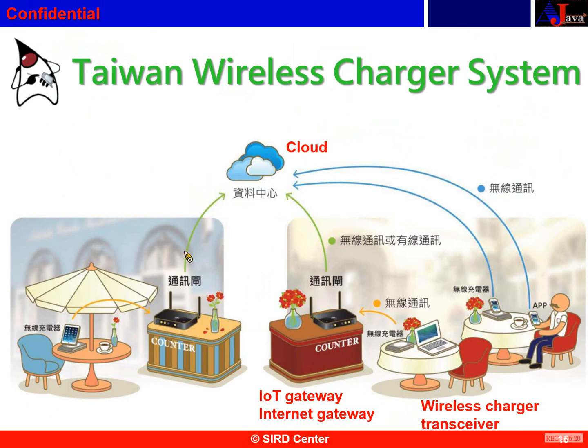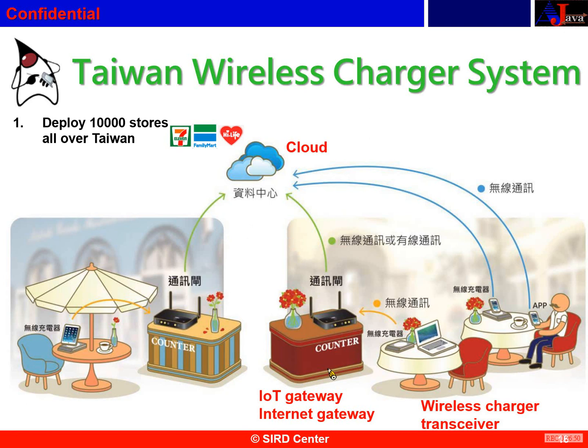And we have another application, the wireless charger. Our goal is to build 10,000 stores, like in 7-Eleven, in libraries, in convenience stores, or in stations. So if anyone wants to charge their phone or their notebook, they can use it.